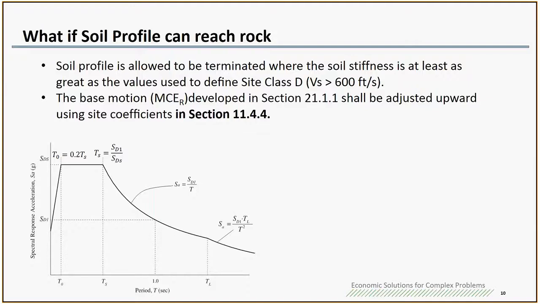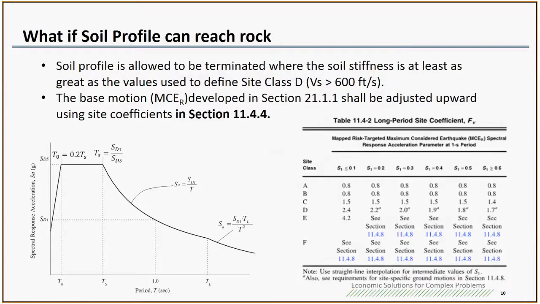However, I wouldn't recommend you terminate your soil profile at site class D. The reason is that, based on the code, you have to adjust your base motion spectrum, basically the target spectrum, upward. You scale up using the site coefficient in section 11.4.4.